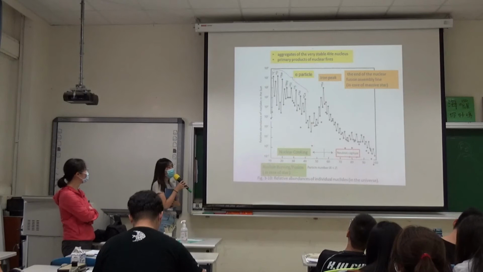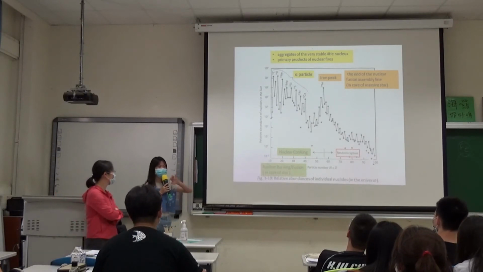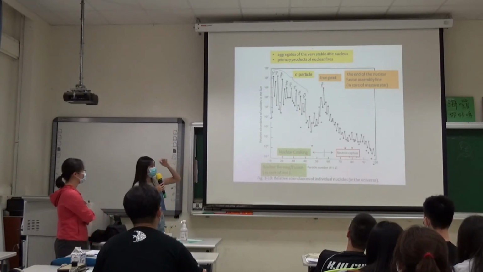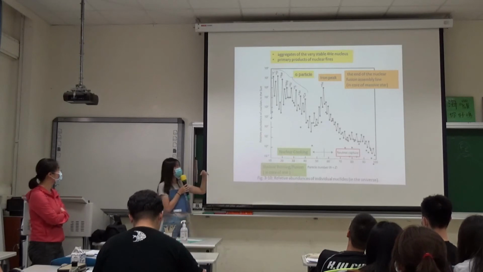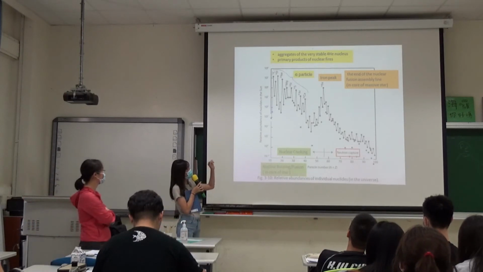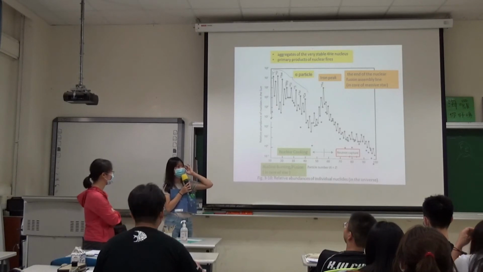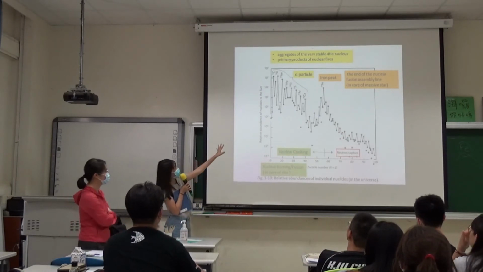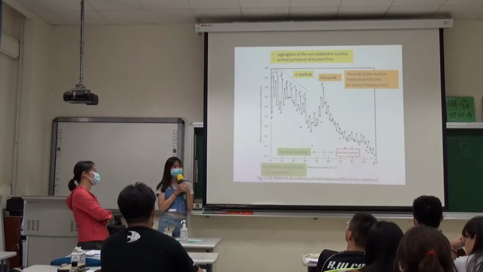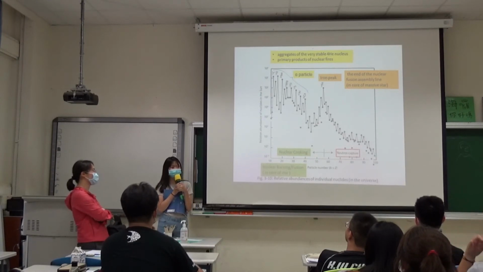I think it is just meant to separate nuclei with an atomic number of more than 40, because those alpha particles are found in the core of massive stars.